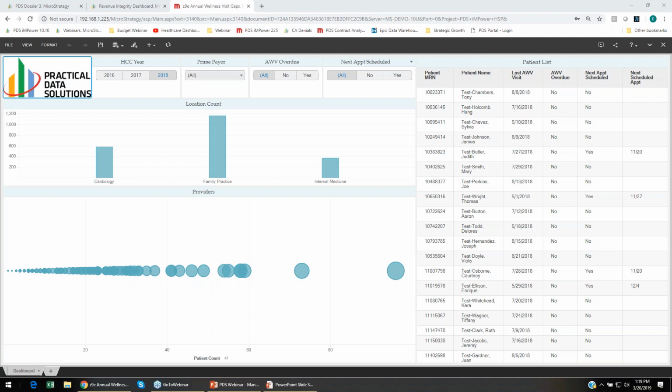And I think there's still a lot of misunderstanding about what a wellness visit actually entails and why it's so important. But this dashboard does a good job of combining billing information and scheduling information to help us identify patients who have not been in, and we could also quantify the revenues associated with those visits.